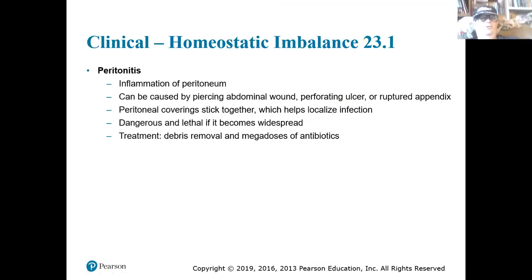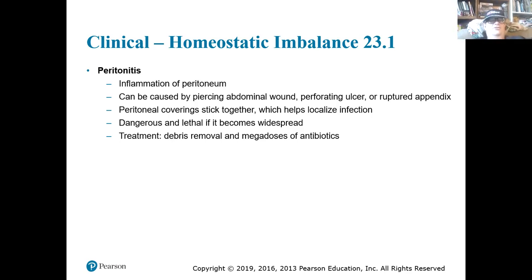All right, so if you inflame the peritoneum, you could get stabbed in the gut, or you could have an ulcer that's erupting or an appendix that's exploding. The peritoneal covers stick together. That keeps infections in the area.